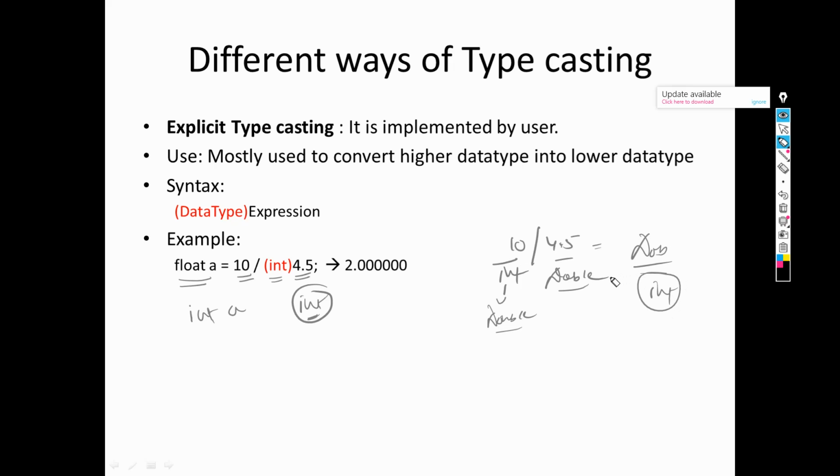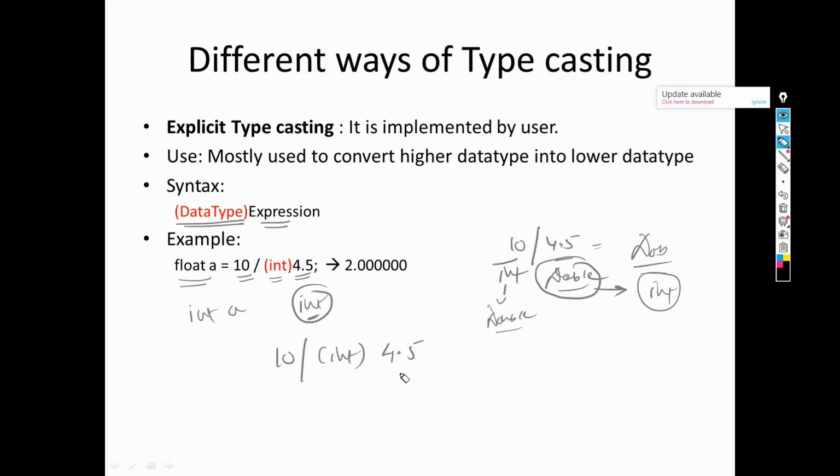So for this particular case, what we need to do is convert this double into integer. So explicitly, the higher data type, double, is to be converted into the lower data type. For that you need to write like this: the resulting data type is to be written within the braces and then the expression. So what will happen here? Now 10 divided by integer 4.5.